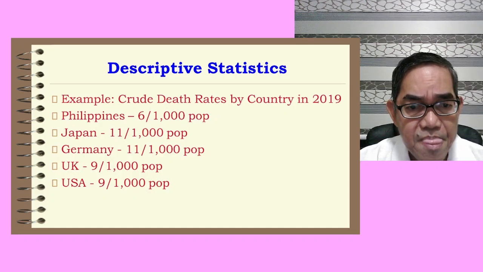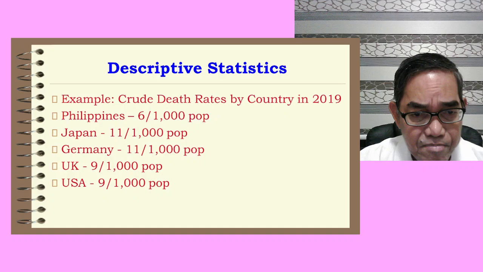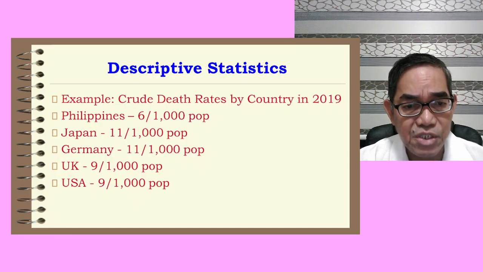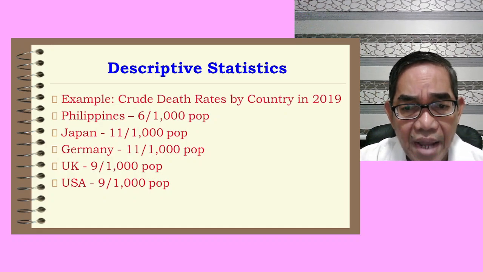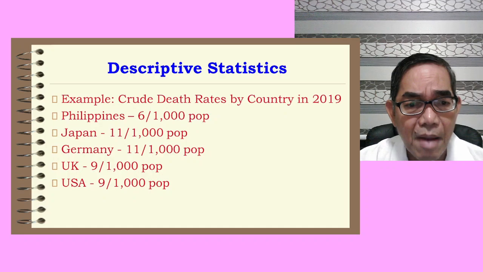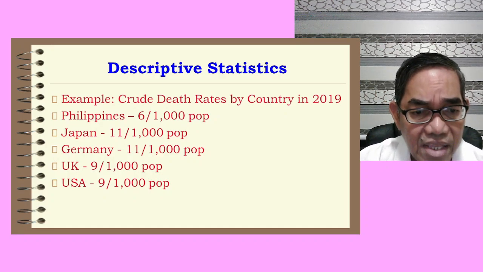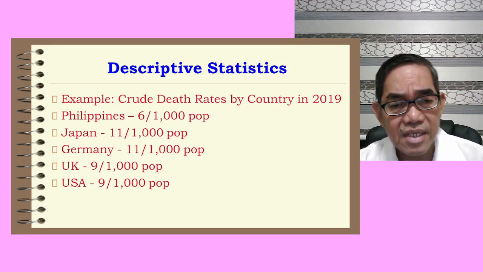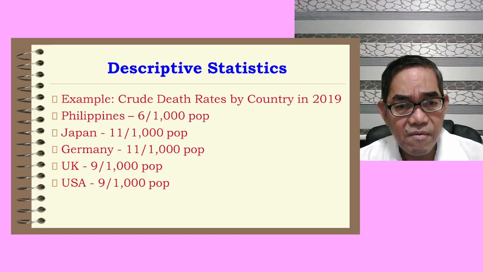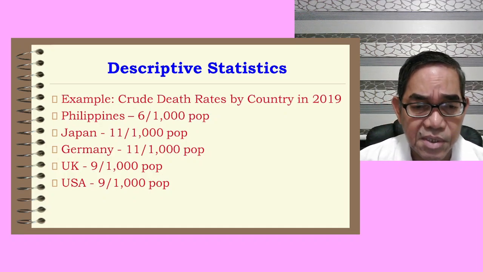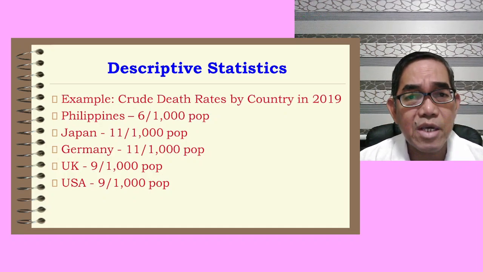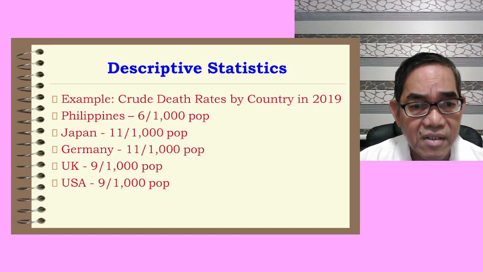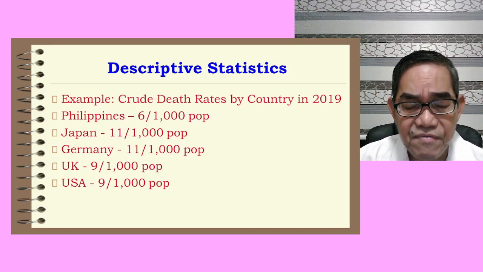In Japan, 11 per 1,000 population. In Germany, 11 people died in 2019 per 1,000 population. In UK, 9, USA, 9. These are just descriptive statistics. We cannot make a comparison as regards the crude death rate of these different countries.